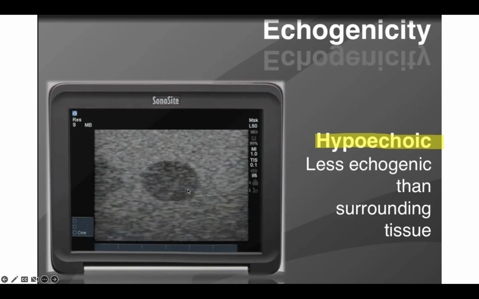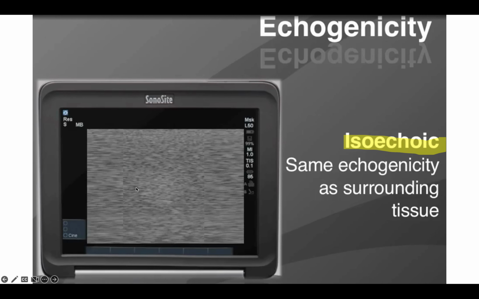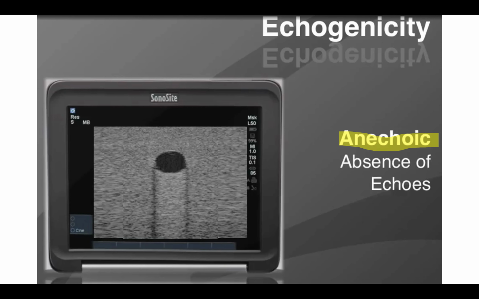When the object that we're looking at is less echogenic than the surrounding tissue, we call it hypoechoic. When it's somewhat the same, we call it isoechoic. And when there are no echoes at all, we call it anechoic.